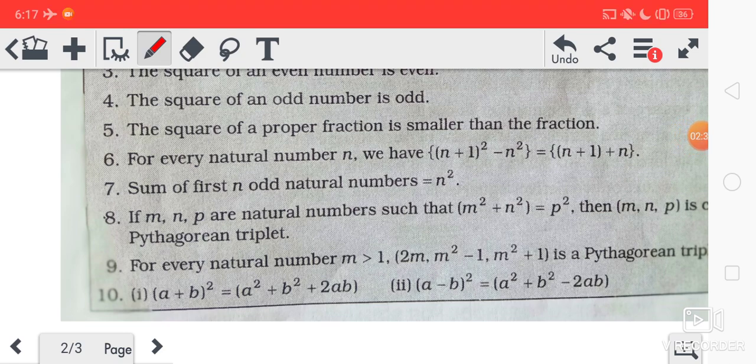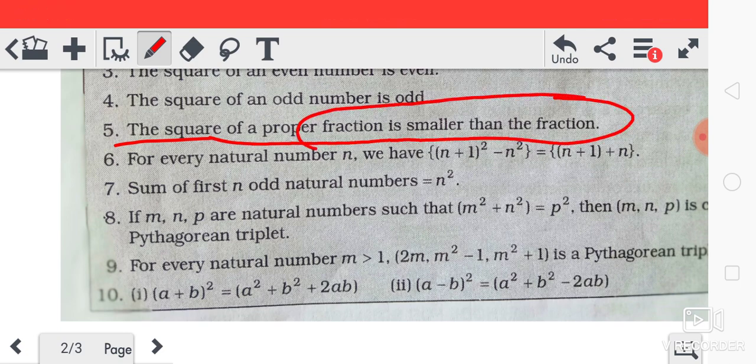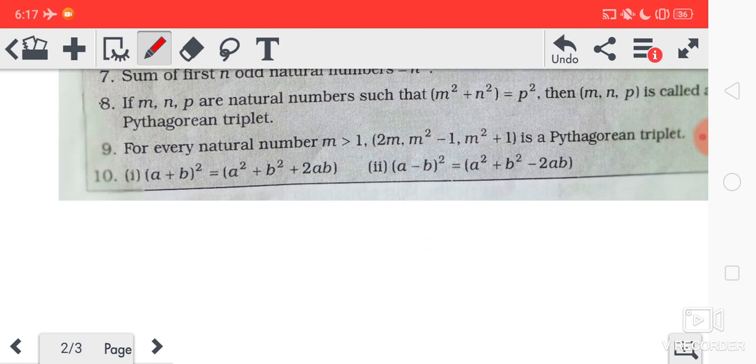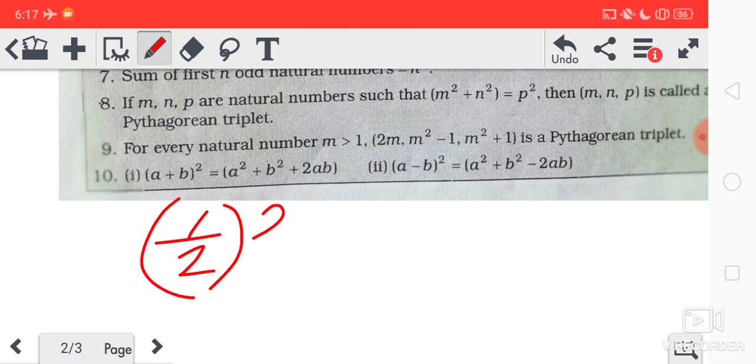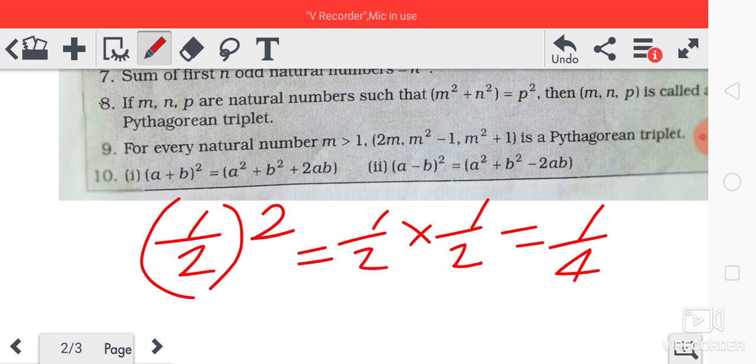Now, what is our property? The square of a proper fraction is smaller than the fraction. Okay, square, what do you mean by that? Suppose 1 by 2 is a fraction. If we take its square, how much will we get? 1 by 2 square means 1 by 2 into 1 by 2. So how much will we get? 1 by 4. So you can see here the square of 1 by 2 is 1 by 4.